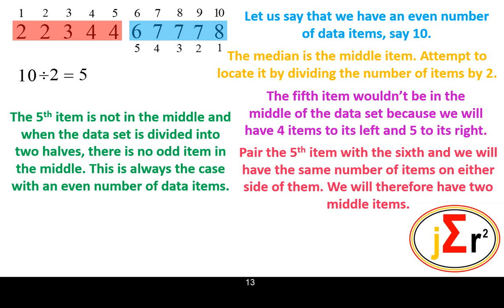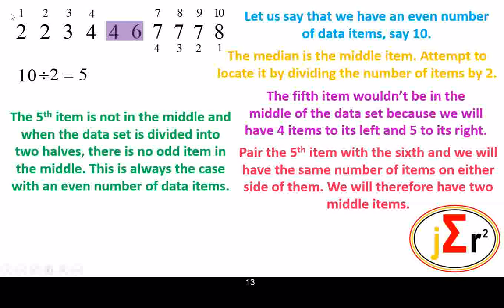So let us do that. What do you notice? We pair these 2 items and we will have 4 items to the left, 1, 2, 3, 4, and 4 items to the right.